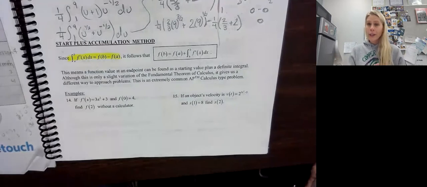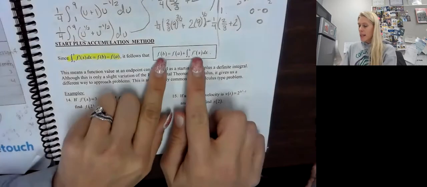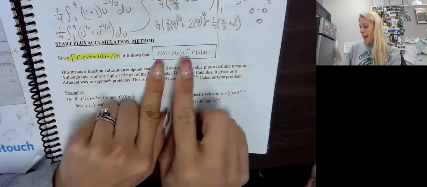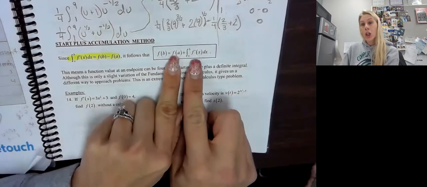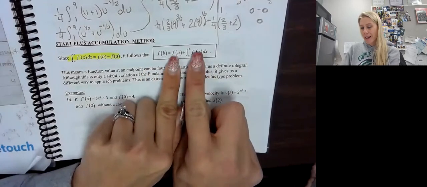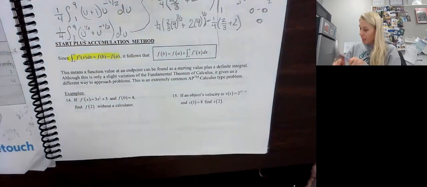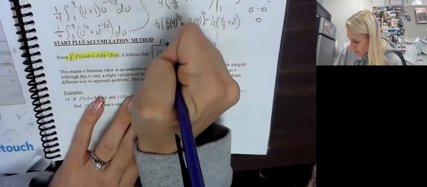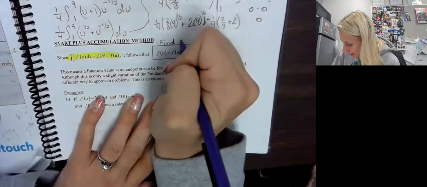Well, hopefully the integral value is given to us. So what happens here is we can find our ending position by knowing our starting position and our area under the curve, okay? So find the end position.